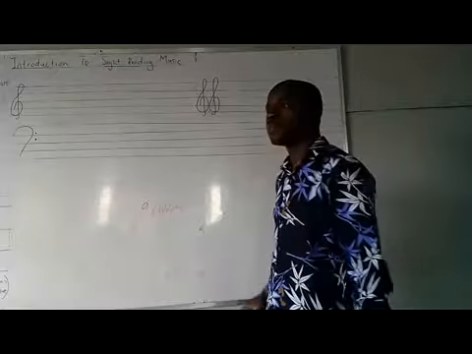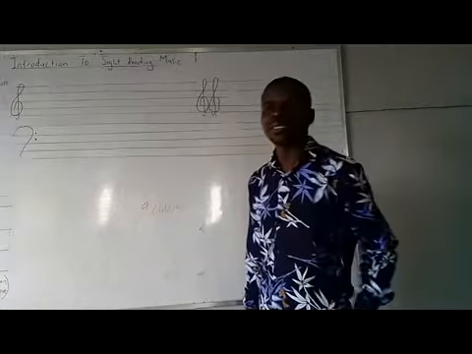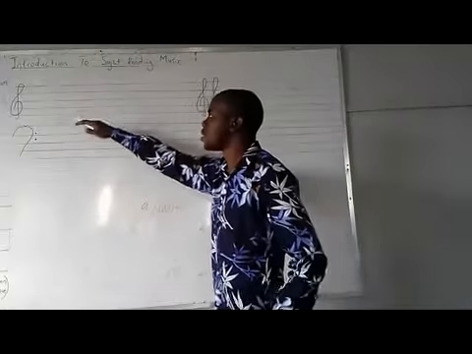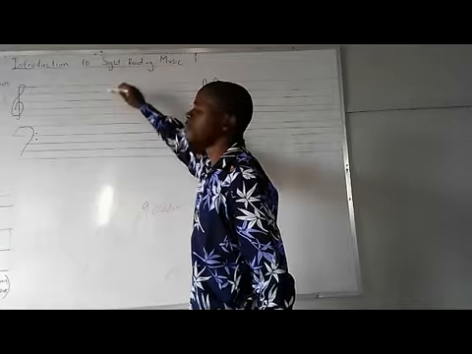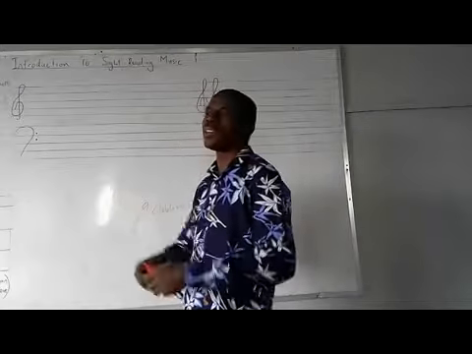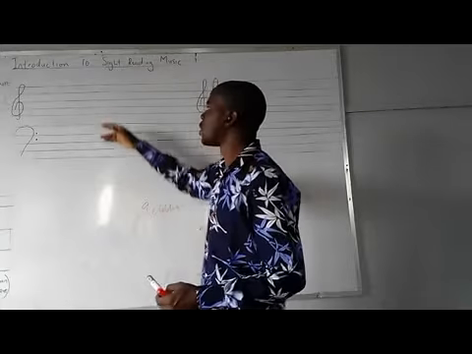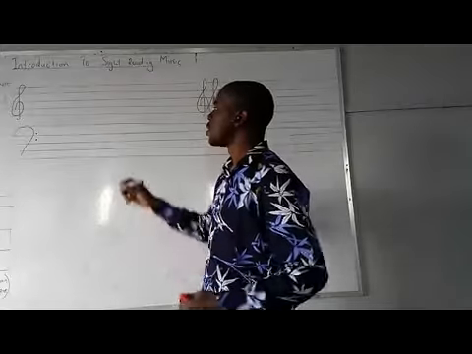The first child will have a name, the second child will have a name. Now, if I'm going to use that to explain this, each of the line and spaces have name. They have their name. So I'm going to tell us the name of each of the lines and spaces.